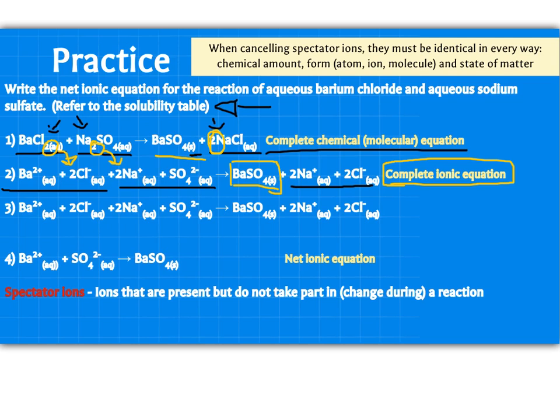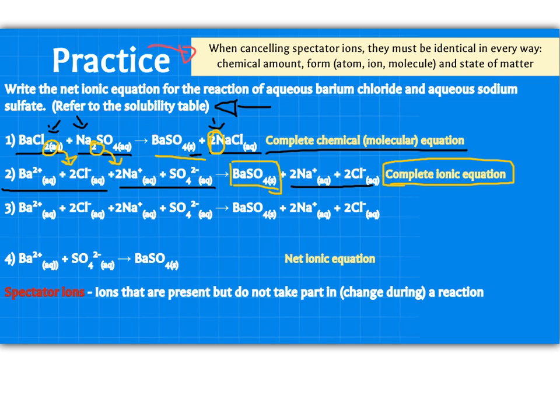Our third step, what I've done here is I've written down the complete ionic equation again, and I need to cancel spectator ions. Notice up here in the top box, it says when canceling spectator ions, they must be identical in every way. The chemical amount, the form, so atom, ion, or molecule, and the state has to be identical.